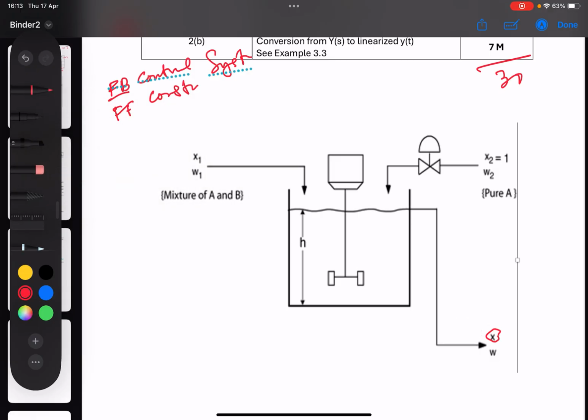Because I want to control the mass fraction of component A in the exit stream, first I have to measure the mass fraction of component A, which is X, in the exit stream.